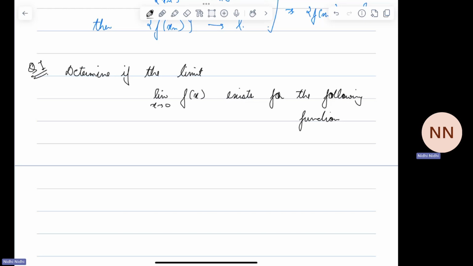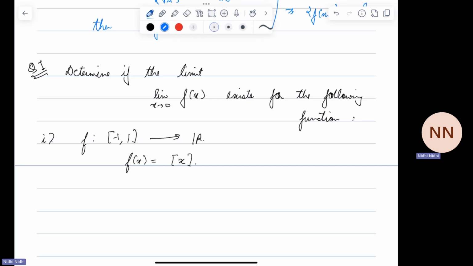The first one is we have f from [-1, 1] to R defined as f(x) is equal to the greatest integer function.